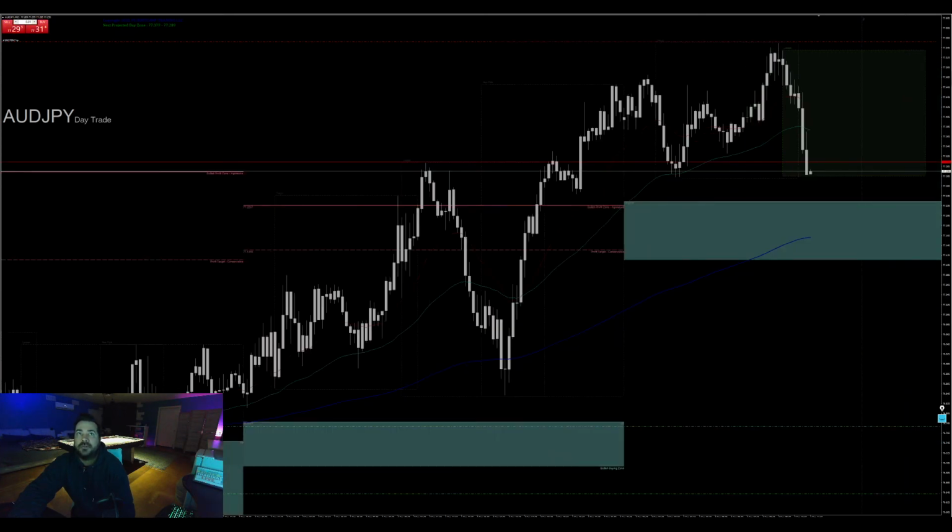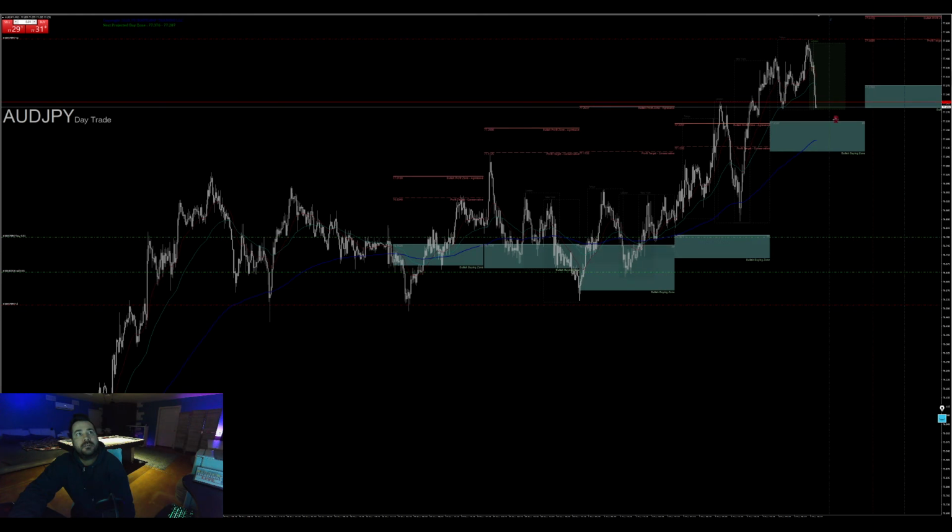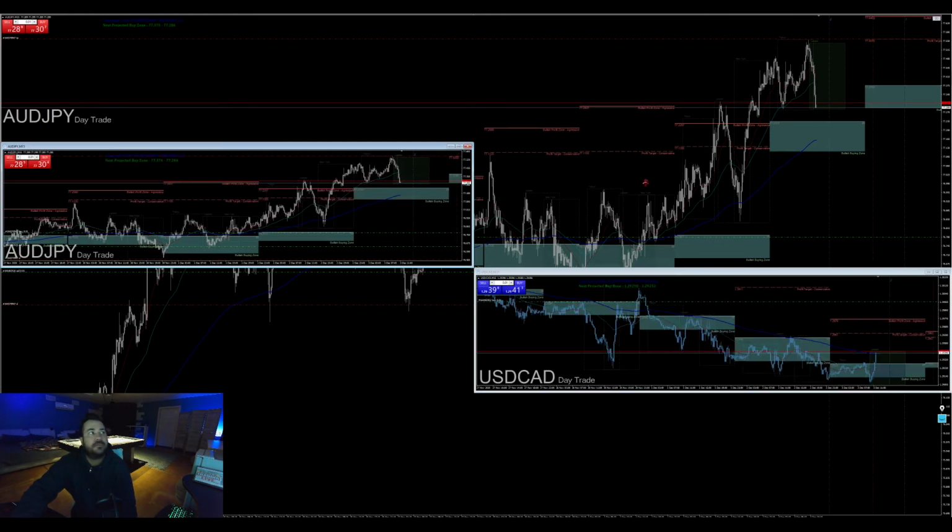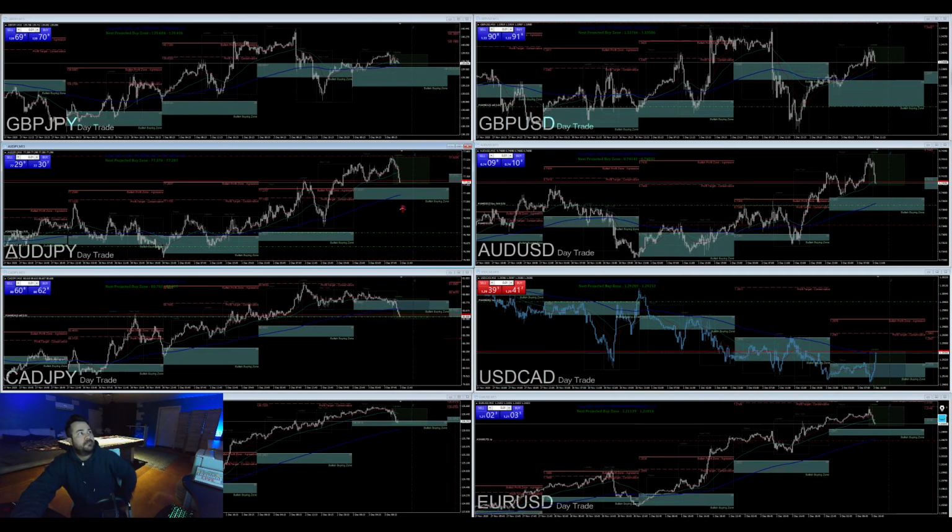Anyways. Interesting. So we still got it there. We'll see if we get a bounce off of this zone here. Still have my pending order on the Aussie US dollar.